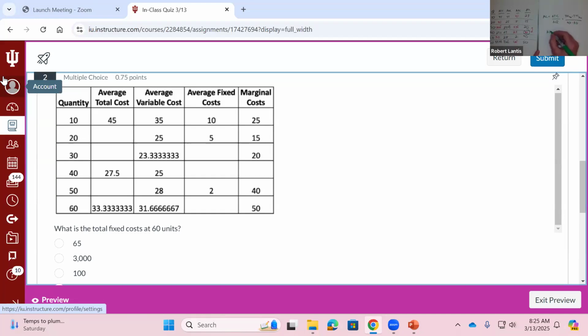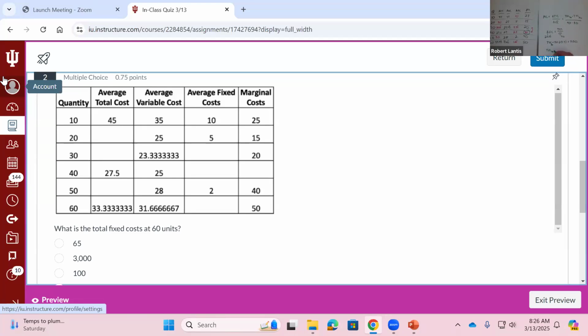Well, once again, my average variable cost will be my total divided by quantity. So if I look here at 30, my average variable costs were 23.33 repeated, right? So if I do a little bit of algebra here, check me if I say something wrong, I think this is 700, right?